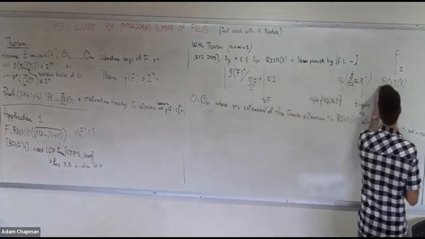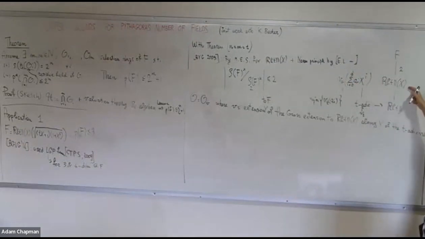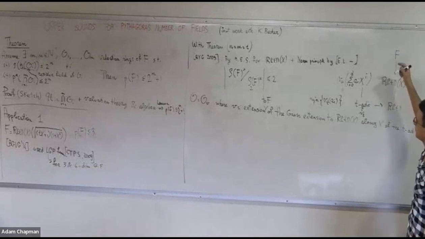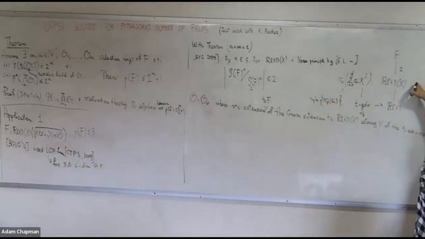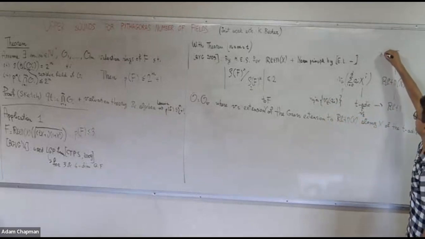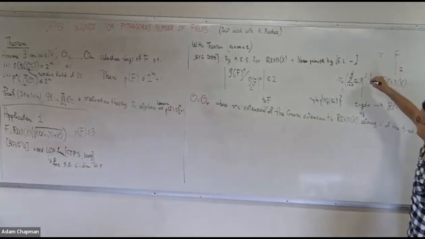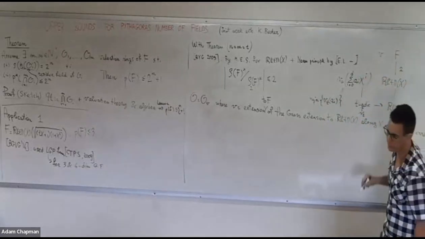And now one can show that there exists an extension of the valuation. Actually, in this case, there is only one, so it's a unique extension. But in any case, we can take a valuation V that extends this one.